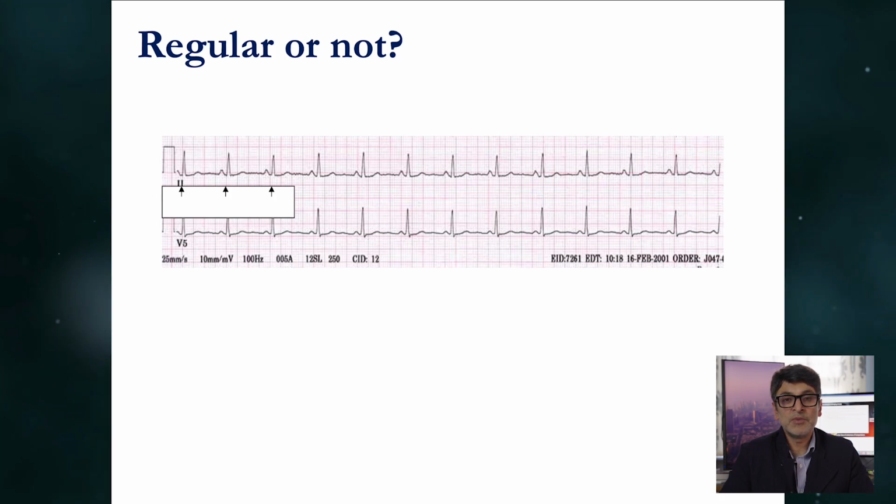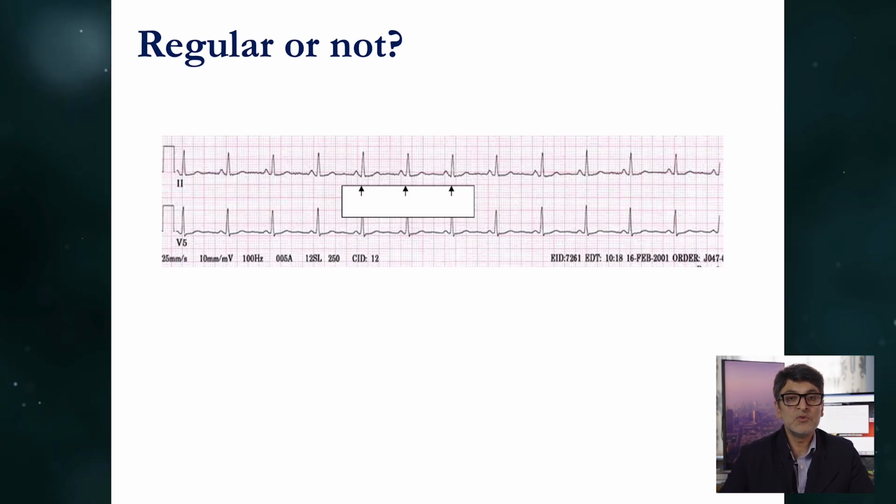What you do is you take a piece of paper, you mark 3 dots in 3 contiguous QRS complexes, and then you move that piece of paper right along, slide it along at least 4 or 5 complexes and see if they still match. And that tells you whether the ECG is regular or not. Obviously, if you have someone with atrial fibrillation, what you're looking for is the absence of P waves and an irregular pulse.